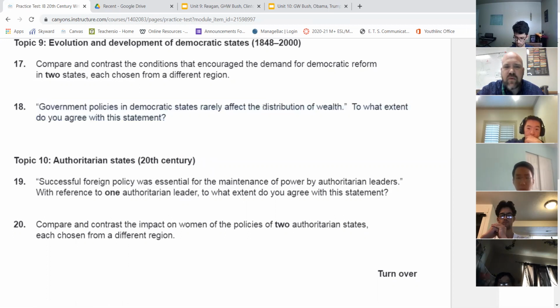Let's deal with distribution of wealth. Some of the students in the afternoon were having a problem with this term. What's the difference between wealth and income? Is wealth something that you already inherit, like family money, and income is just what you're making working?